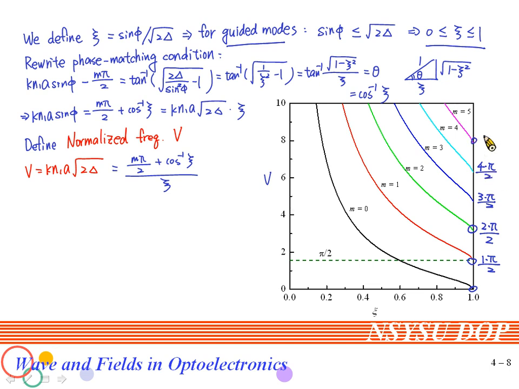And this will be 5 times pi over 2. So these points represent the frequency at which this mode starts to appear on this waveguide. So we call this frequency Vc, which means the cutoff frequency.